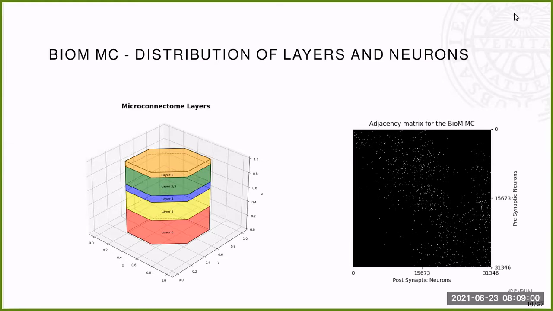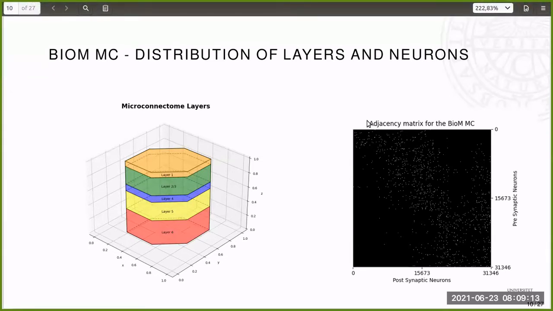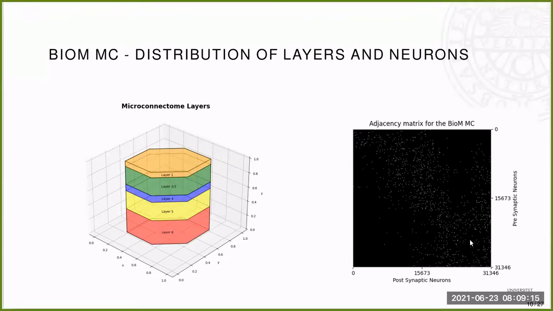On the image on the right hand side, we have the adjacency matrix for the connectome, so how all the presynaptic neurons connect to the postsynaptic neurons. We can see that a lot of the neurons connect through the main diagonal, sort of closely in relation to the self-contained layers.